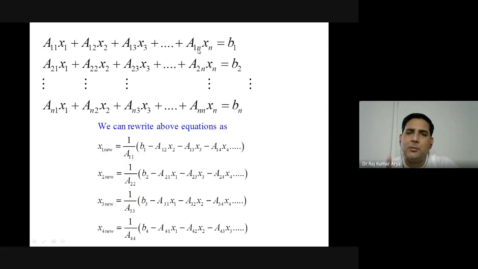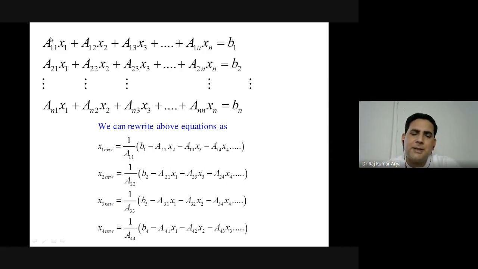Diagonally dominant means you choose the variable for which this coefficient is highest. Let's say for the first equation the highest coefficient is a11. No matter whether it is minus or plus, you talk about the magnitude only.